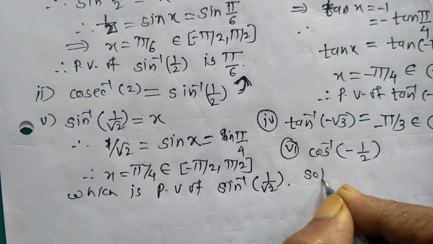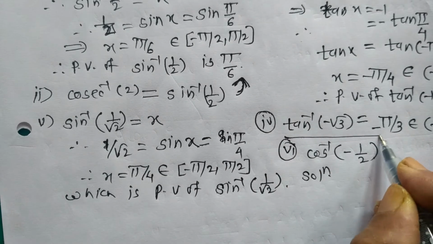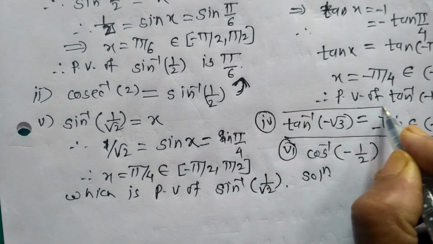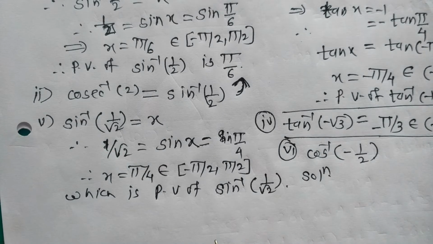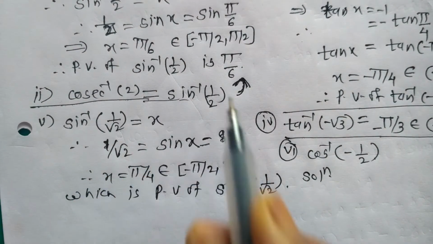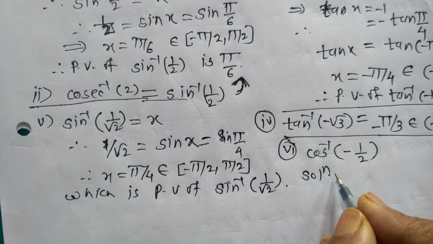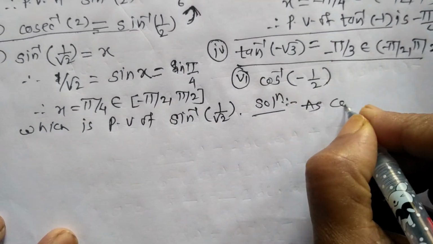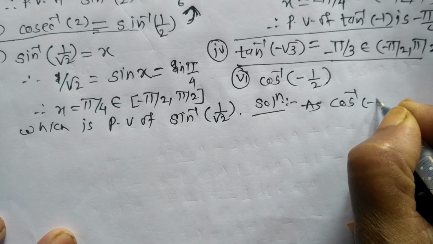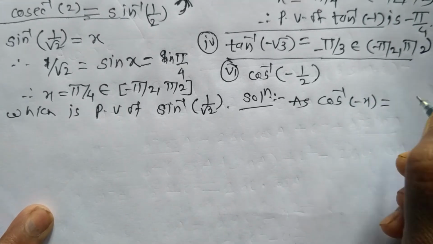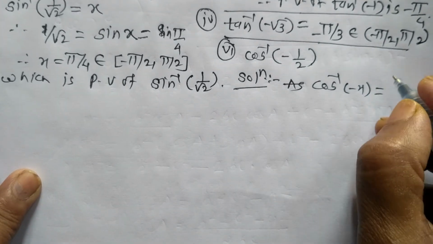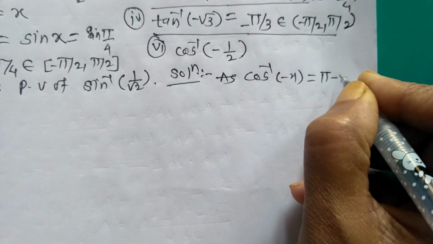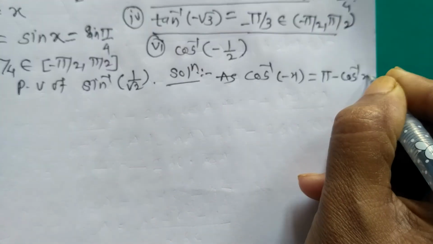To find the solution, we use the property for cosine of a negative angle: cos inverse of minus x is equal to pi minus cos inverse x.